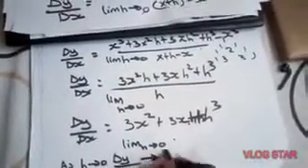Then we state that as h tends to 0, delta y over delta x tends to dy dx. As h tends to 0, this term tends to 0, so this whole value tends to 0. Don't write a 0 there.